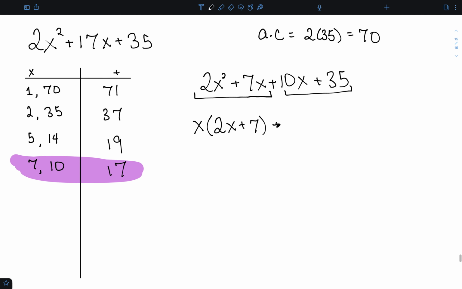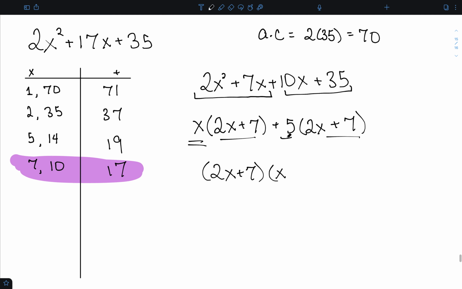My next two have a 5 in common, and that leaves me with 2x plus 7. I can now see that they each have a 2x plus 7. When I do that, I'm left with x plus 5. So this factors into 2x plus 7, x plus 5.